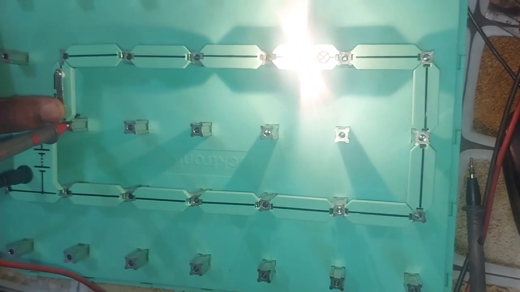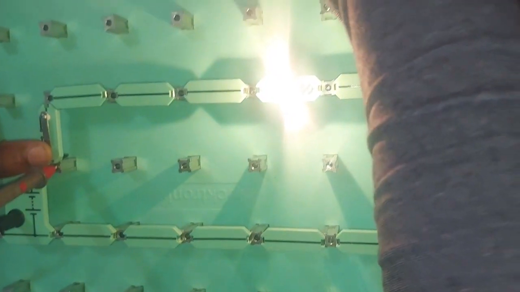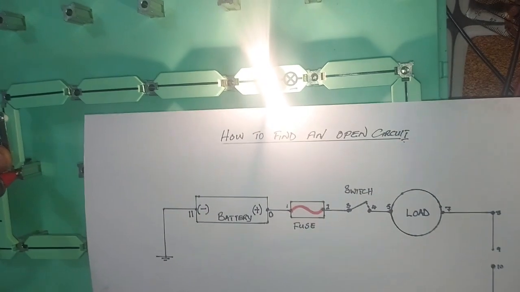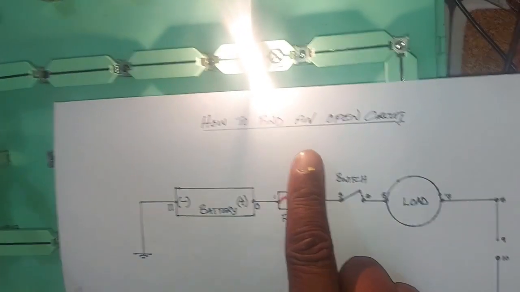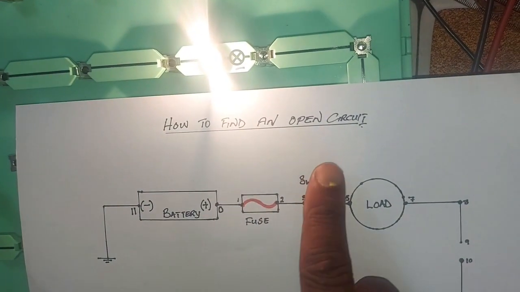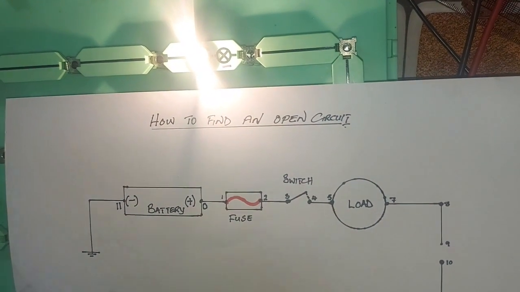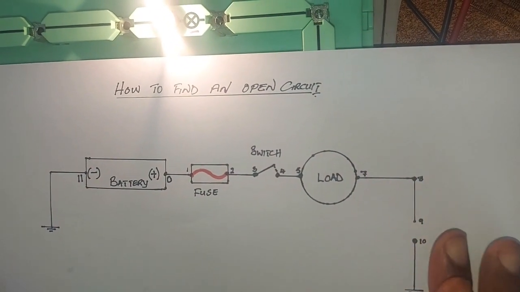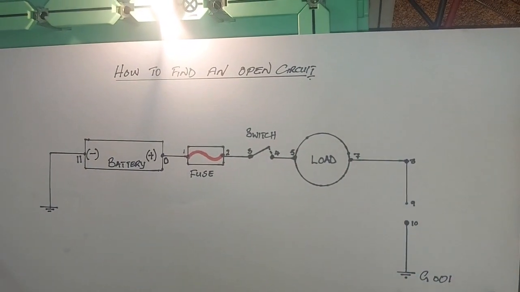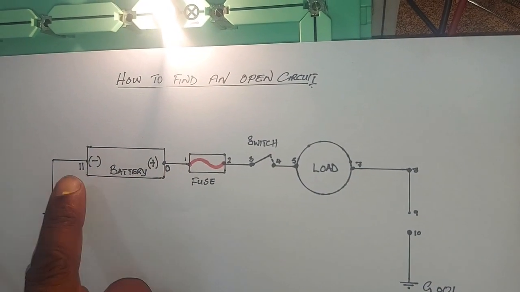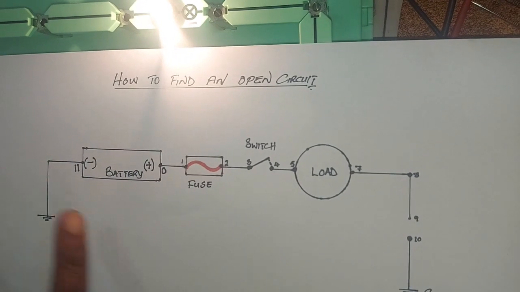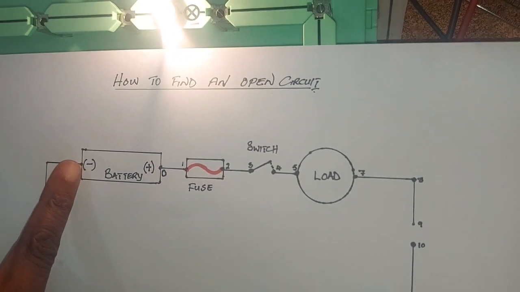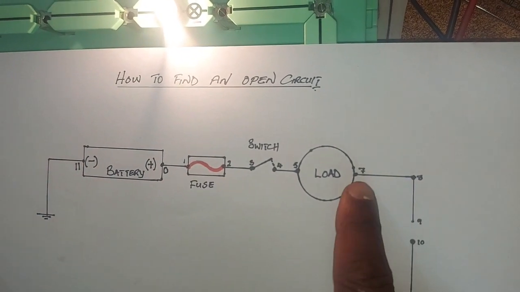But for today, this is my message: how to find an open circuit. There is an open circuit, and now you know what to do. It's these 2 points that are important. If you're on the ground side, you make sure one of your probes is here, and then you interrogate this side.